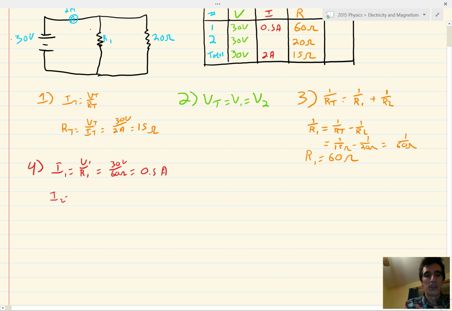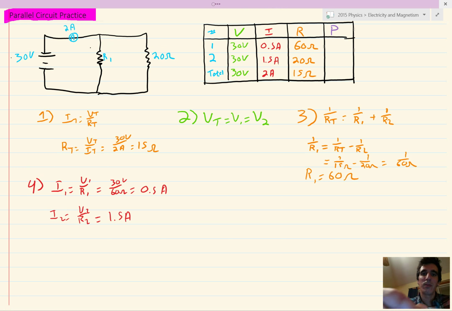I2 is equal to V2 over R2, which is equal to 1.5 amps. And if you look at our properties, we see that I total is equal to I1 plus I2. In this case, 2 is equal to 1.5 plus 0.5. So that works out for us.